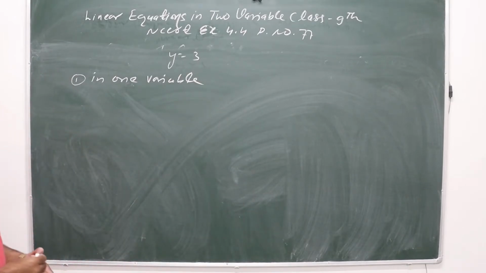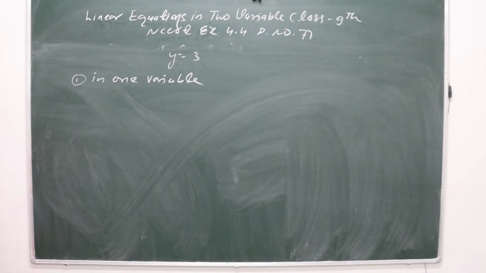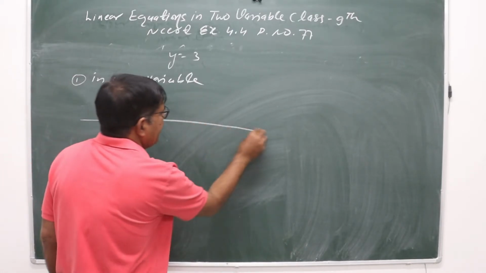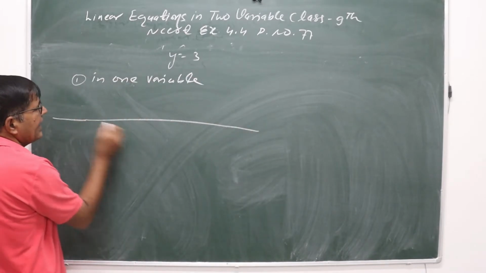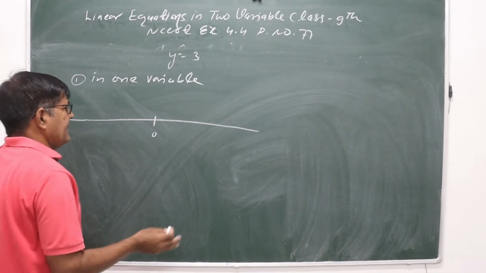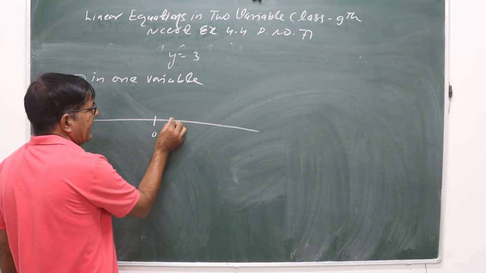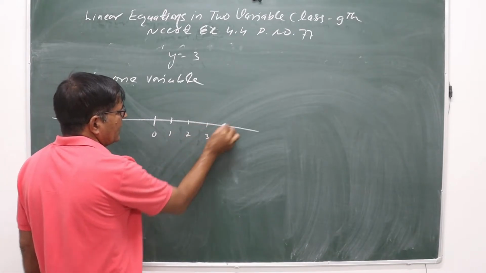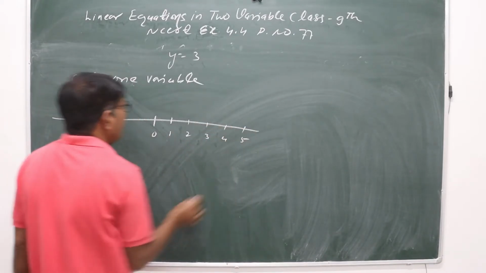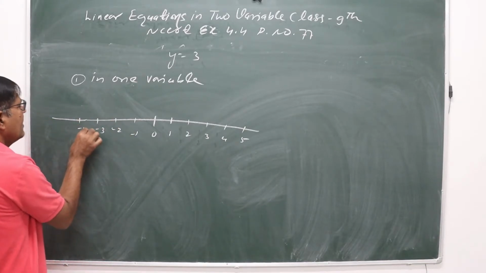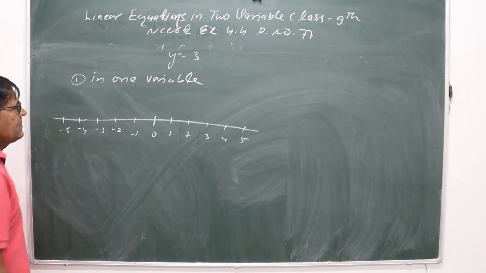Whenever any equation is given and we have to represent it geometrically in one variable, then simply we draw a line and take the center point as 0. From the right side of 0, we mark the points positive 1, 2, 3, 4, 5, and similarly -1, -2, -3, -4, and -5.